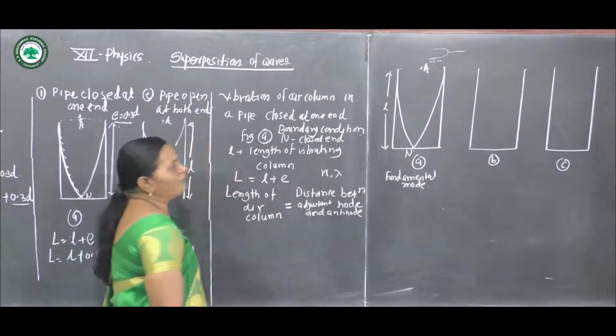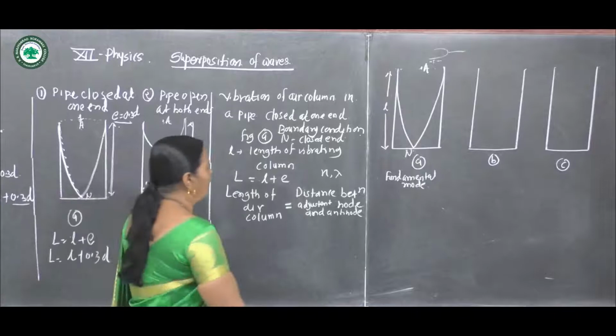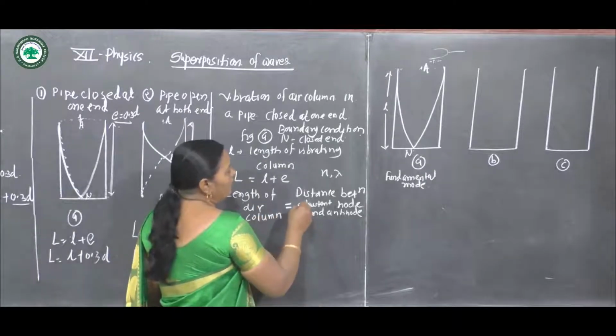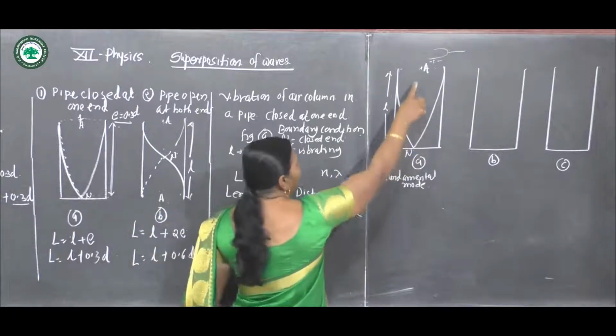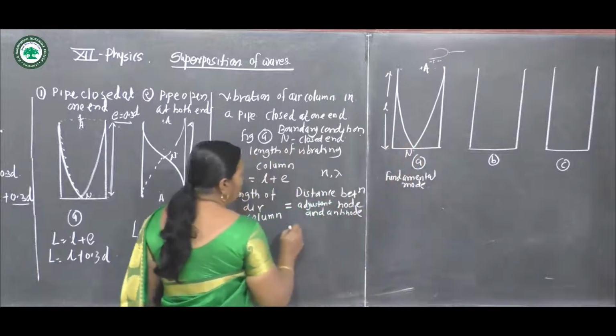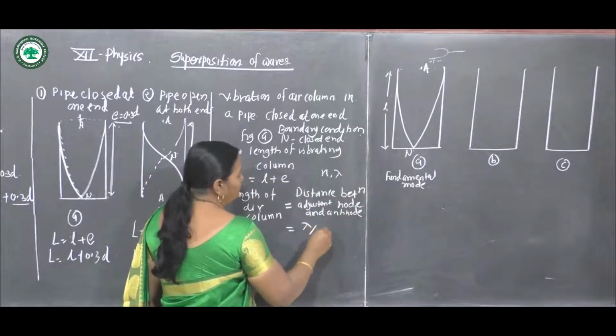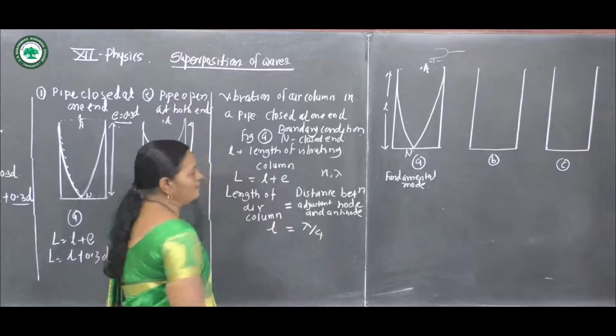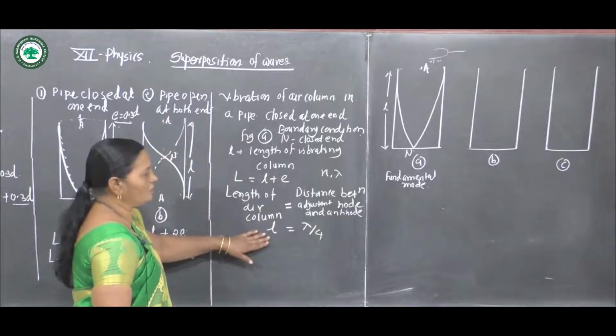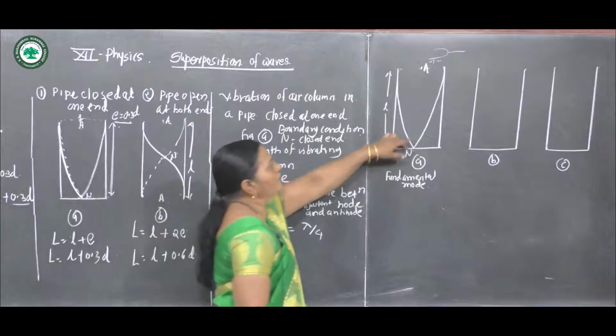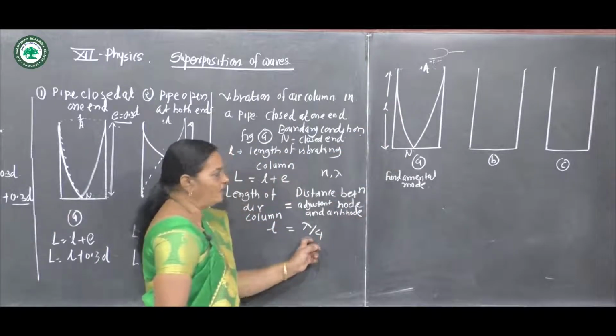We know by the properties of the stationary wave, the length of air column is equal to the distance between node and antinode, which is equal to lambda by 4. Therefore L is the length of air column and distance between node and antinode is lambda by 4.